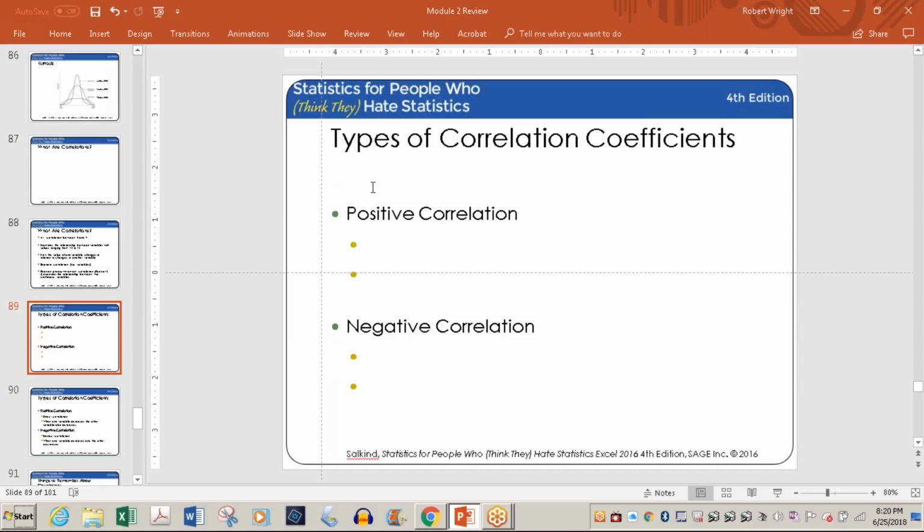Okay, when we say you have a positive correlation, what are we saying? There's a strong relationship? Well, not necessarily. It could be a weak relationship, but it could still be positive. Is it the way that it's depicted in a graph?